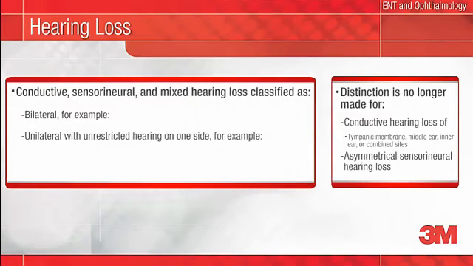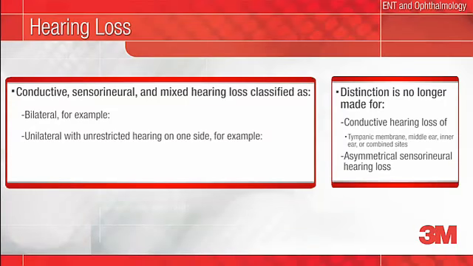ICD-10 classifies conductive, sensorineural, and mixed hearing loss as bilateral or unilateral with unrestricted hearing on the contralateral side. A distinction is no longer made for conductive hearing loss of the tympanic membrane, middle ear, inner ear, or of combined sites, as was the case in ICD-9.